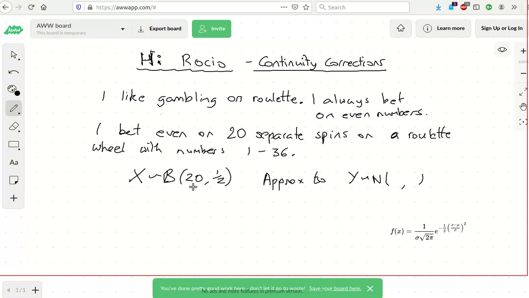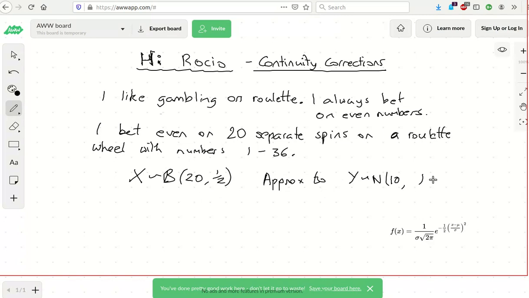The mean is simply the expectation. Expectation and mean are exactly the same thing, or very closely related concepts, in statistics. If you were wondering how many even numbers you would expect to hit out of 20, you'd expect 10 evens and 10 odds, a rough guess. You get that by doing np, or 20 times a half, which is 10.